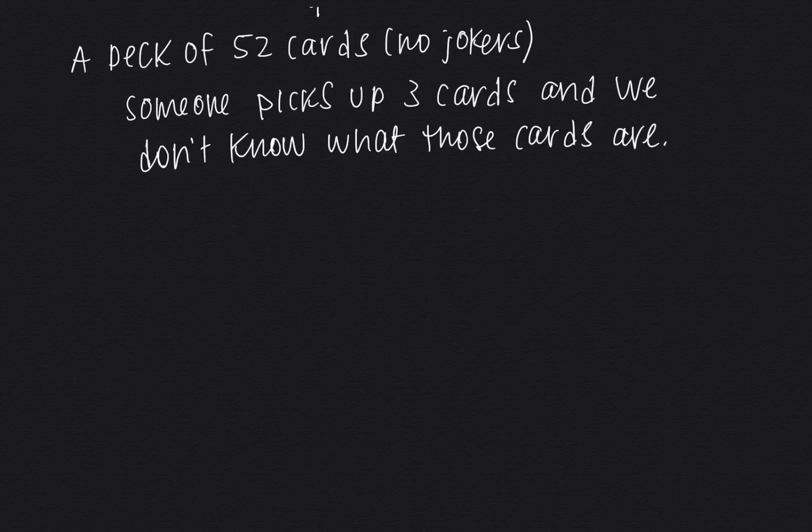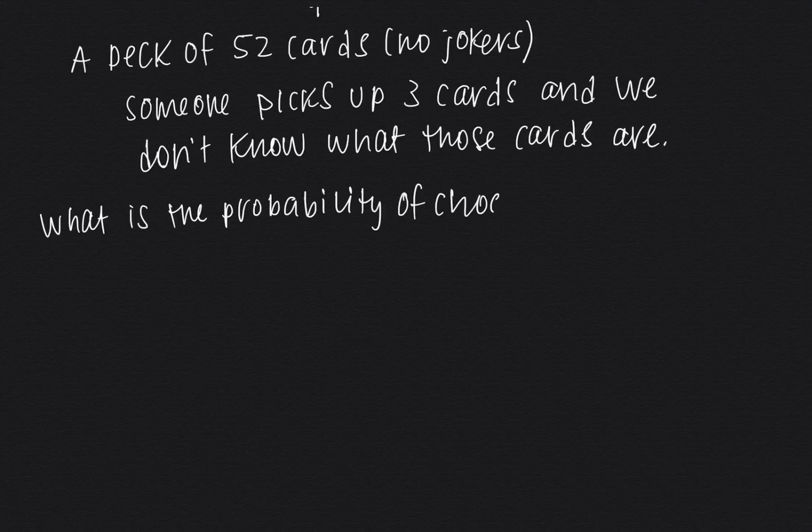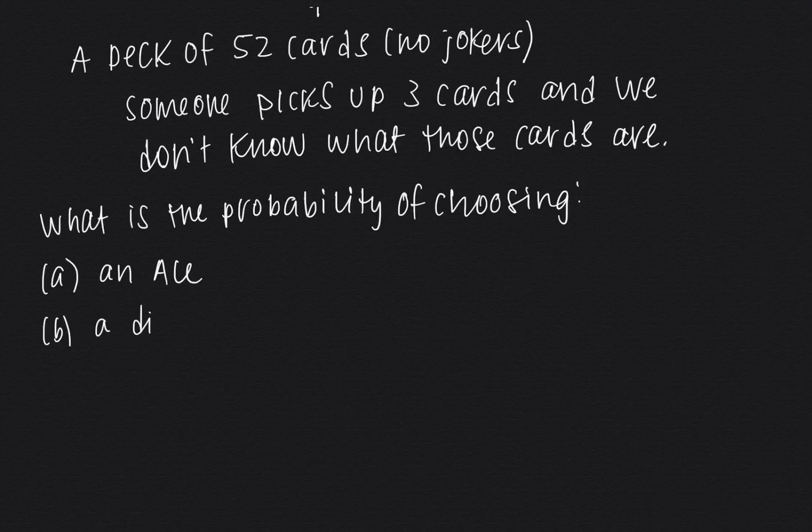So we're going to say, what is the probability of choosing, we'll say A, an ace, B, a diamond, oh, how do you spell diamond?